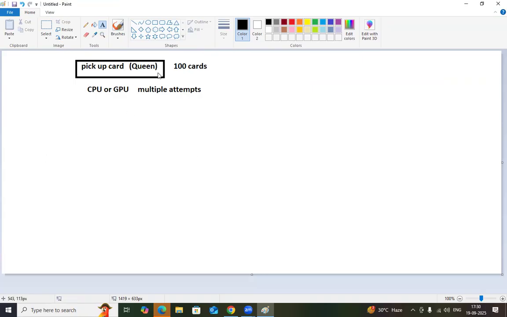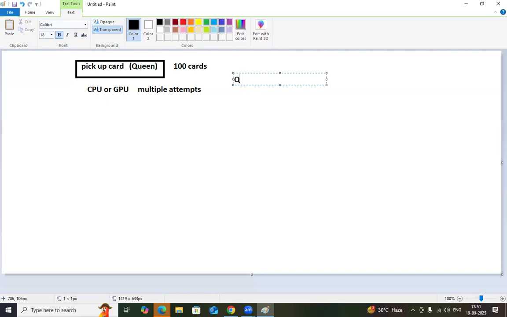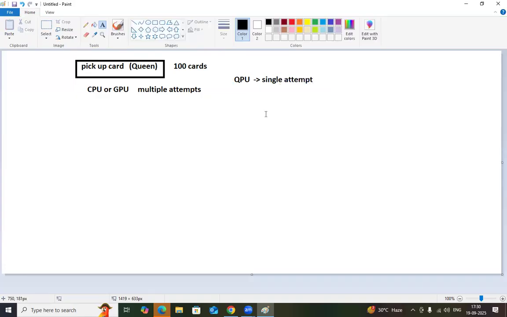But the same thing, quantum computing or a QPU can do in a single attempt. In a single attempt, it will pick up the queen card. That is the power of the QPU.